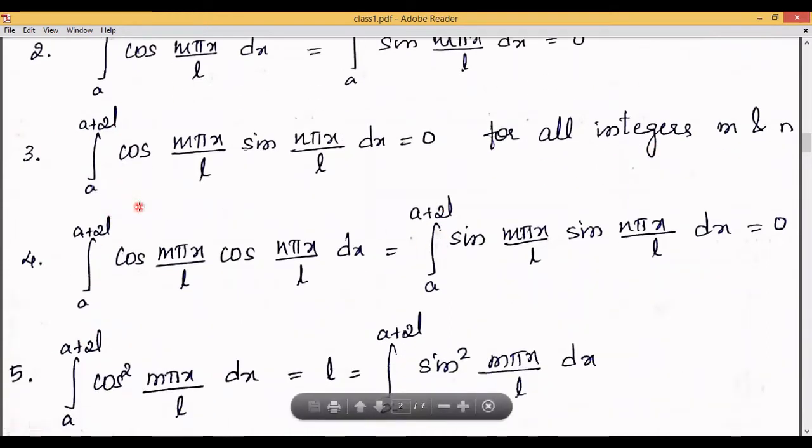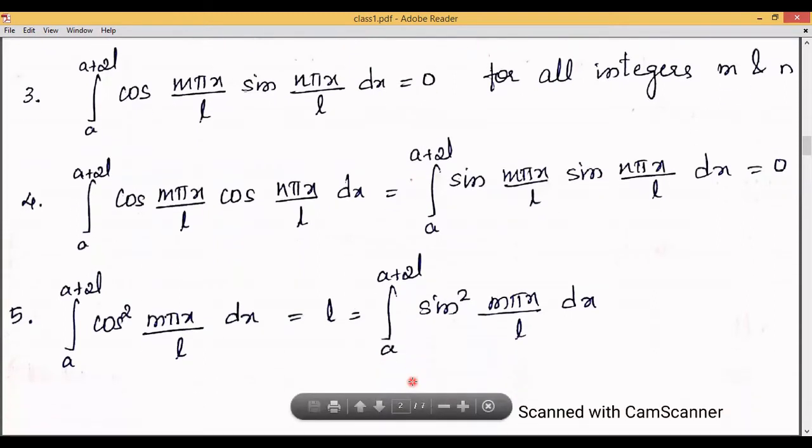Integral from a to a plus 2L of cos(nπx/L) cos(nπx/L) dx is equal to the integral from a to a plus 2L of sin(nπx/L) sin(nπx/L) dx, which is equal to 0. So both of these integrals go to 0.